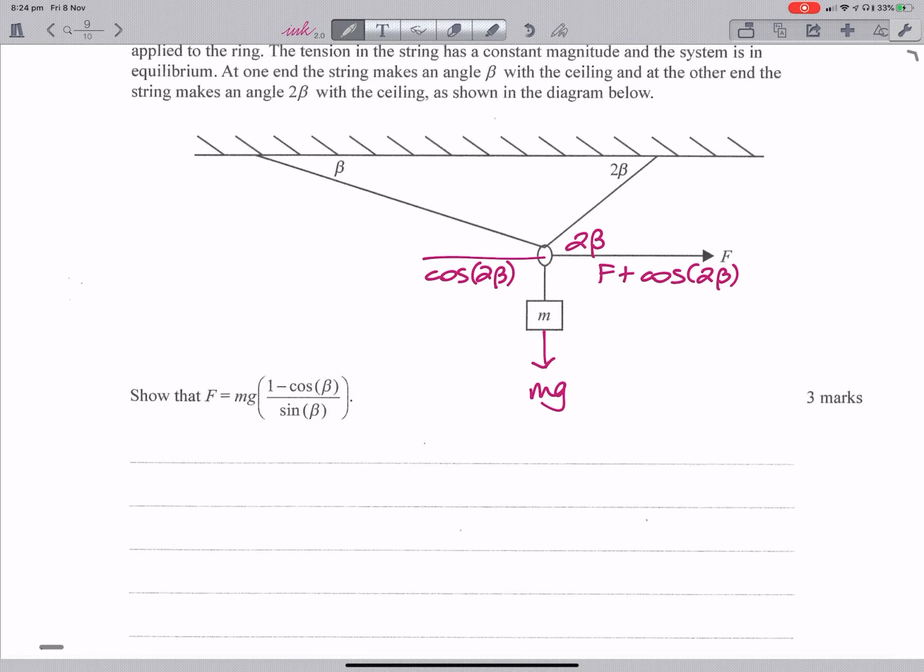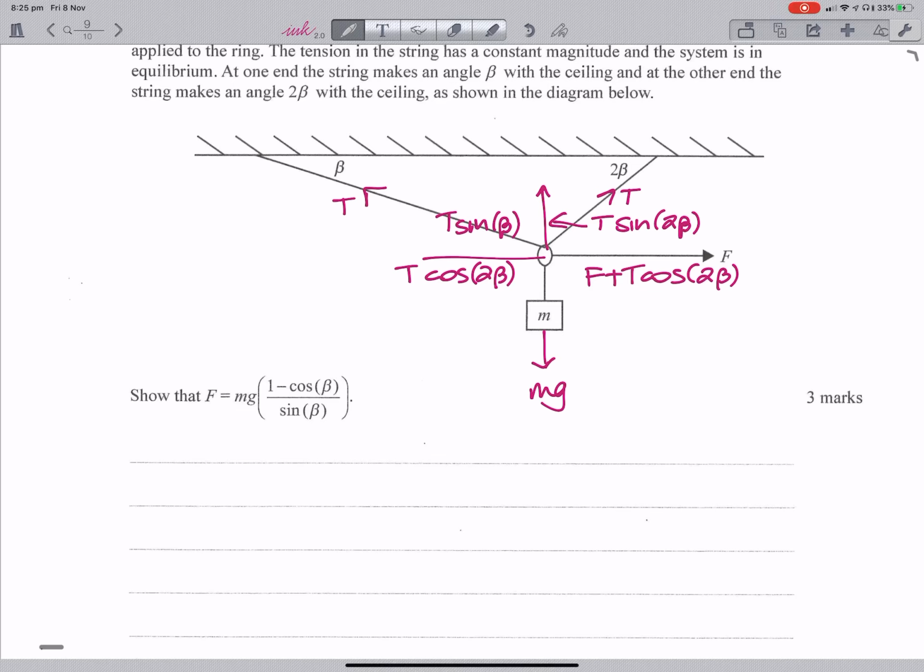Okay. And it's in equilibrium. So this is going to be, that's T, that's T, that's T, that's F plus T, I forgot the T's. Okay, so that'll be, this component upwards will be T cos 2 beta, and this will be T sine beta, sine 2 beta.